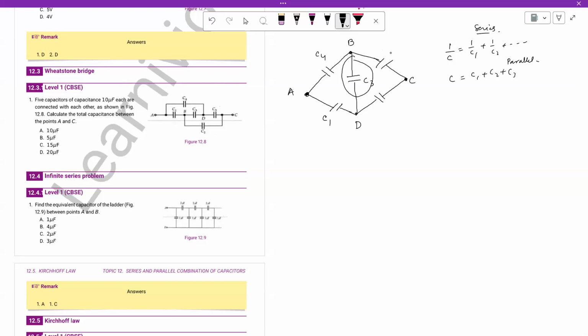This C4 and C5 are in series, and each is 10 microfarad, so 1 by C is 1 by 10 plus 1 by 10, which is 2 by 10. So C would be 5 microfarad. And the downward branch would also be 5 microfarad.